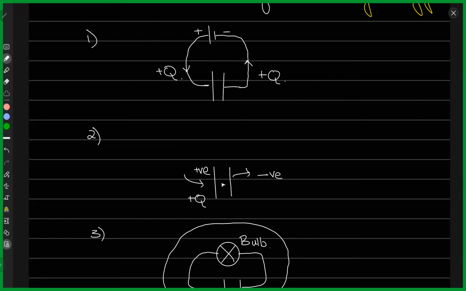Now you can see that the net charge on this capacitor is zero, right? So the net charge on the capacitor is indeed zero, and in fact that's why it is not really storing any charges, but instead it is storing energy, right?